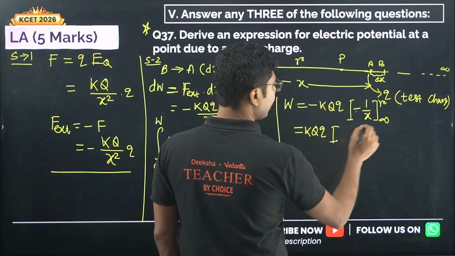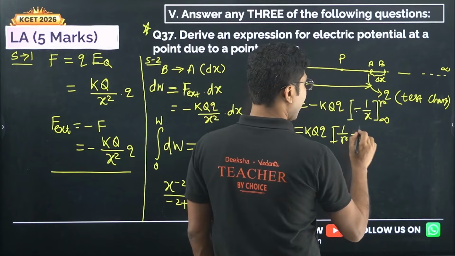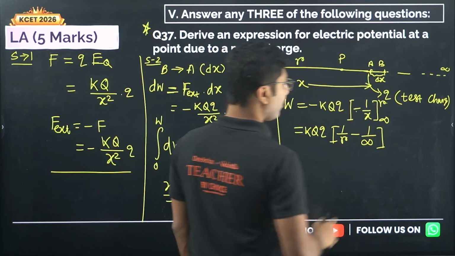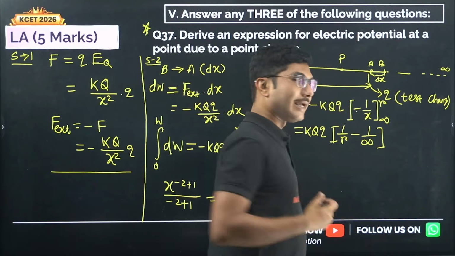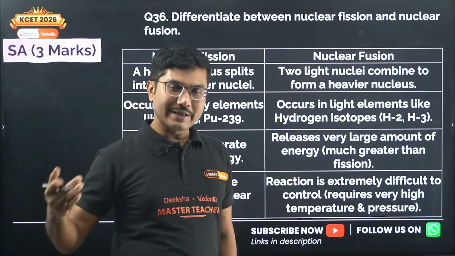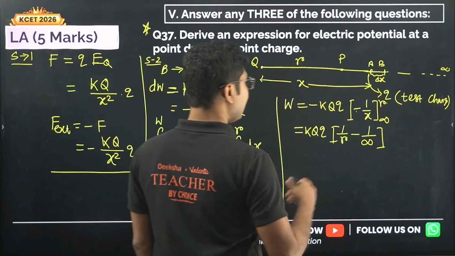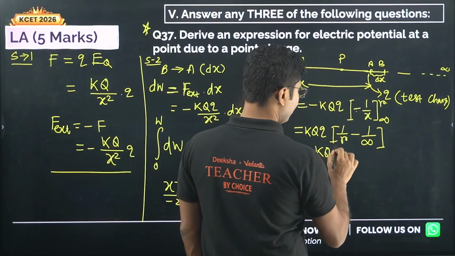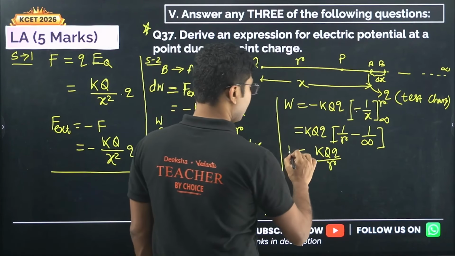And now we will put the limit. So first we will put the upper limit 1 upon r, minus the lower limit 1 upon infinity. What is the value of 1 upon infinity? Any number divided by infinity is always 0. So we get K Q q divided by r. So this is the work done.